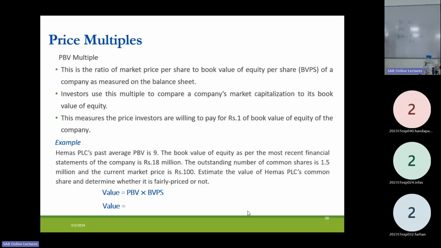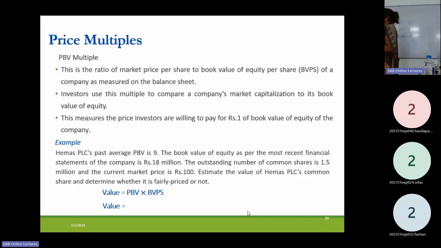This is the past average, the benchmark, 9. In the past, investors have paid 9 rupees per 1 rupee of book value. This is the average, so based on that you are valuing the company's current value. So that is 9 into 12, which is 108. The value is 108.